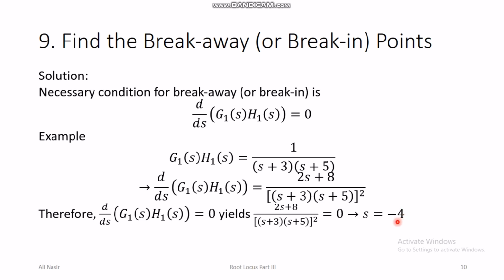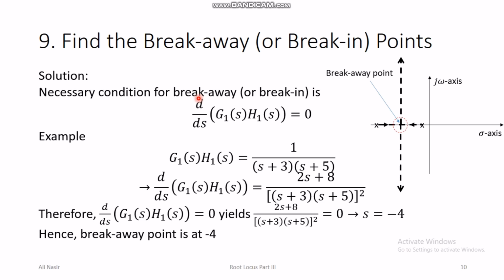If rule number 6 says there is a root locus on this point on the real axis, only then will this be the actual breakaway or break-in point. If there is no root locus at -4 for this transfer function, then this point is basically a fake point and is not counted. Also, if this point is complex, having real and imaginary parts, it is not counted, because all the breakaway and break-in points are on the real axis.